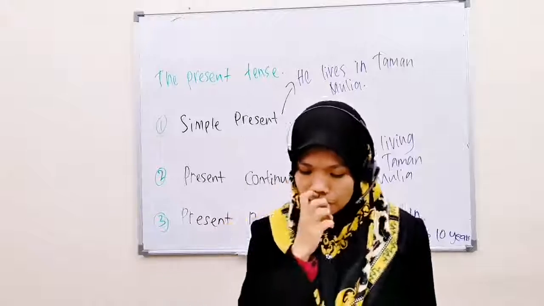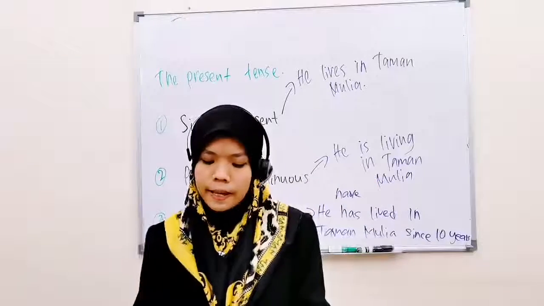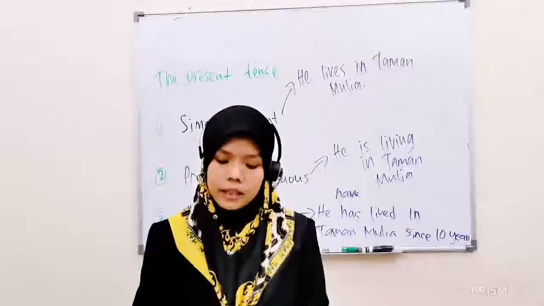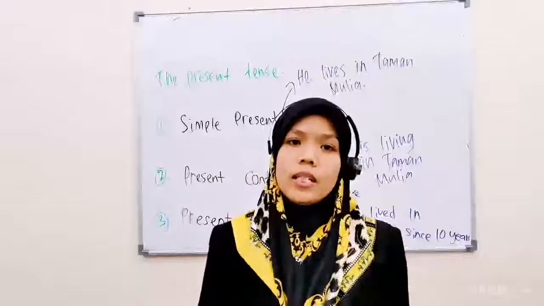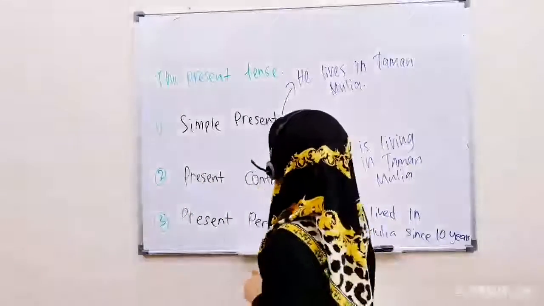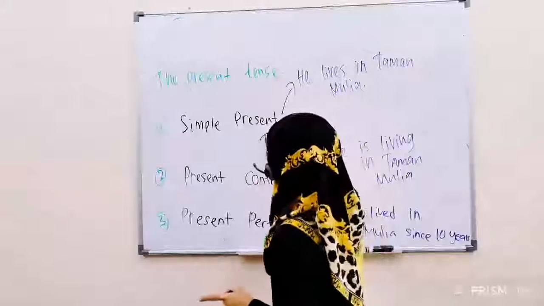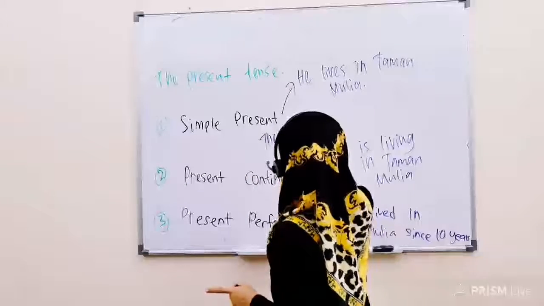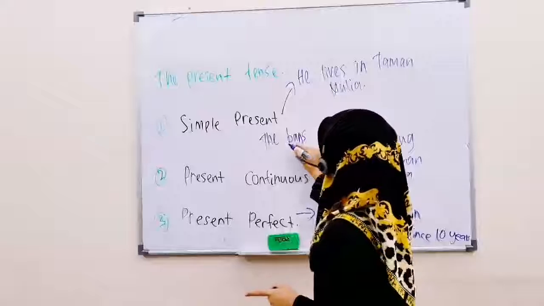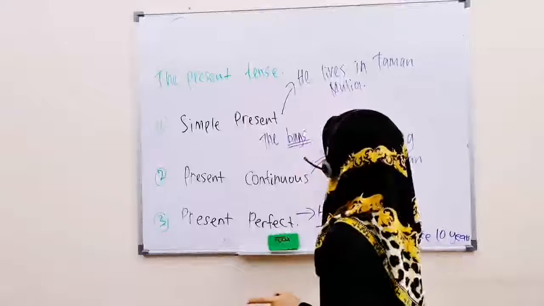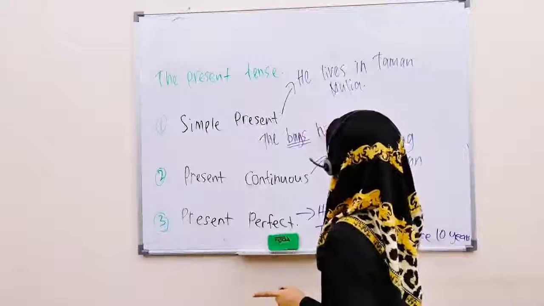We have another one. The bags have been placed in the locker. So why do we use have? The bags, so this one is plural. So you need to use have.